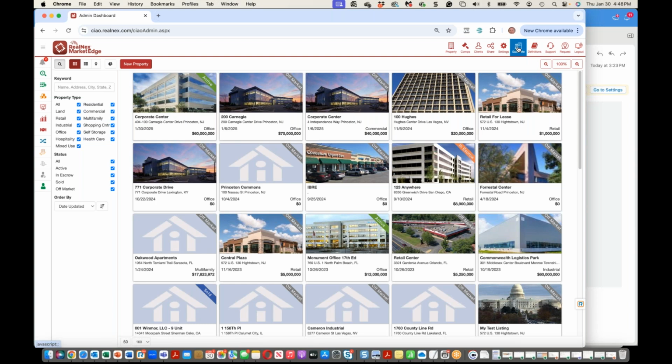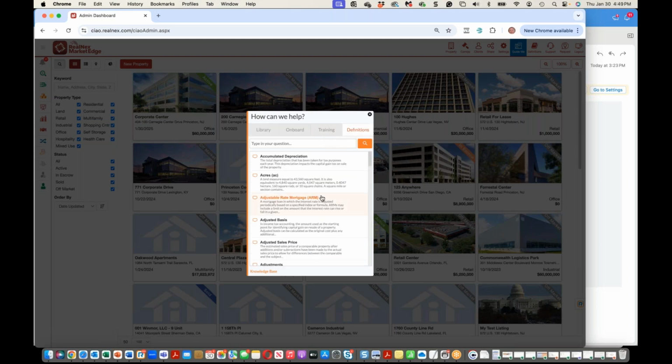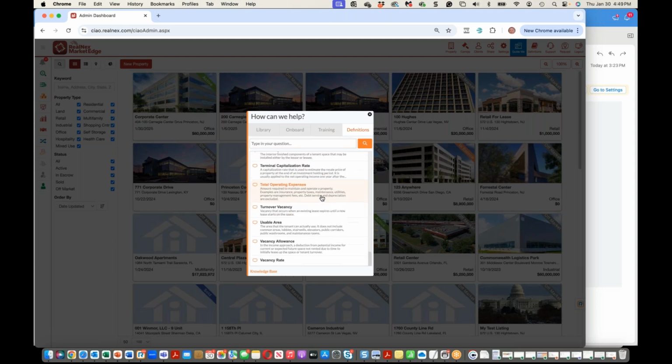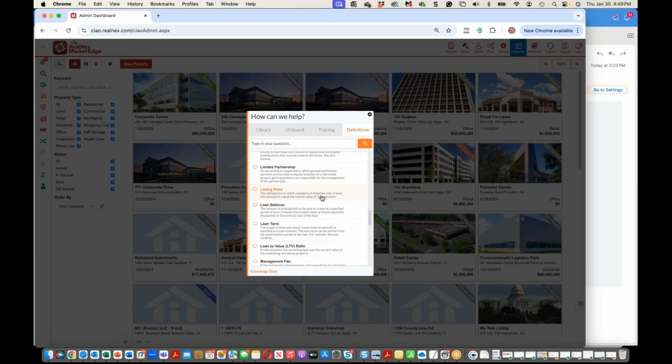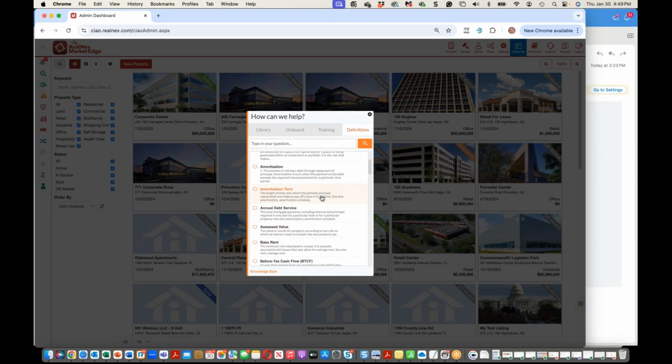So if you go to Guide Me in RealNext, you'll see a number of different menu options there that help with the training and reinforce some of the things that Jeff talked about. But over to the right, we have definitions and a library of different commercial real estate terms that you might find useful. And if you ever need them, you can come back and refer to them.